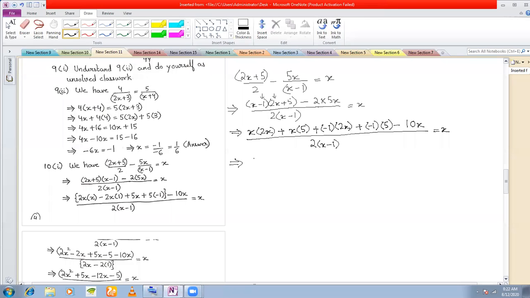Next, 2x square, x into 2x is 2x square, plus 5x, minus 1 into 2x is minus 2x, minus 1 into plus 5 is minus 5.